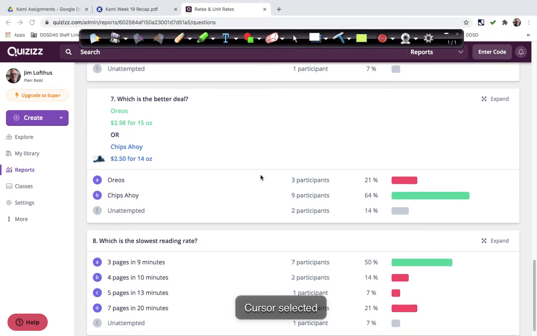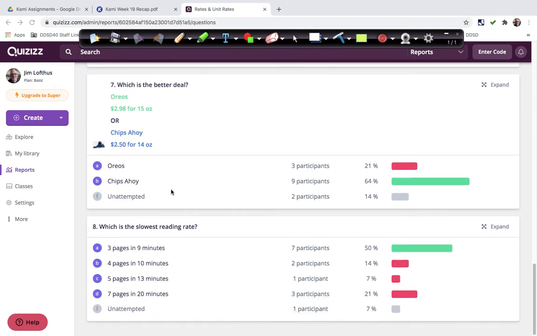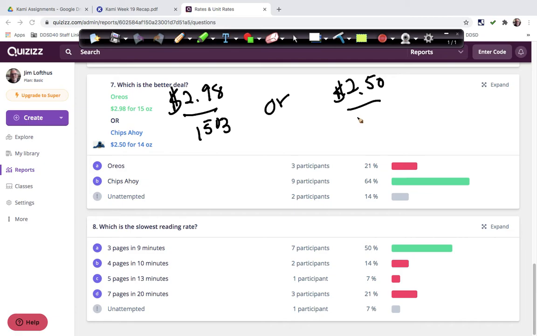Okay, problem number 7, what's a better deal? So to do this problem, you're going to want to put the money on the top: $2.98 for 15 ounces, or $2.50 for 14 ounces, and you divide by the denominator.